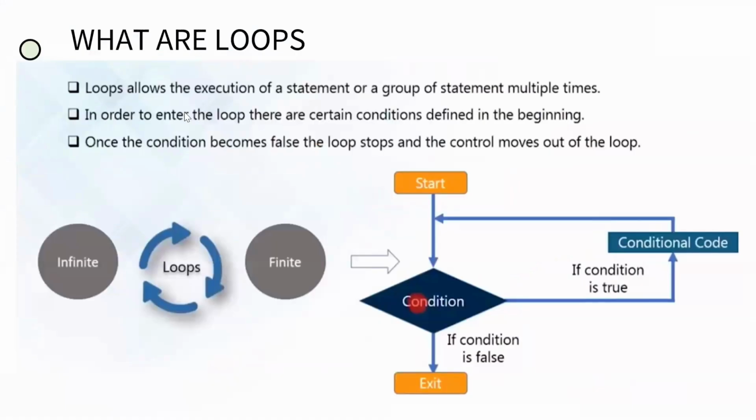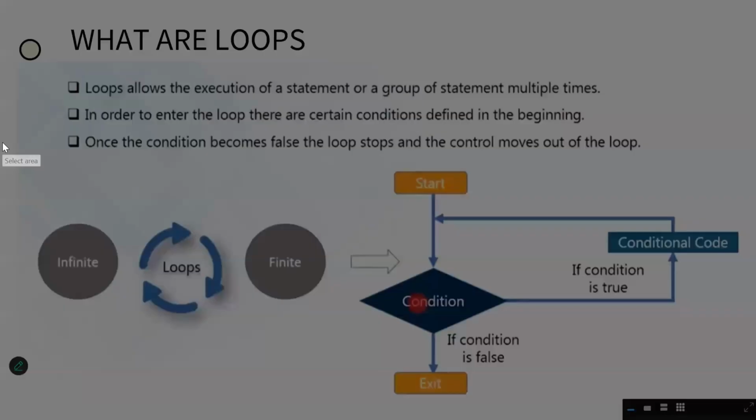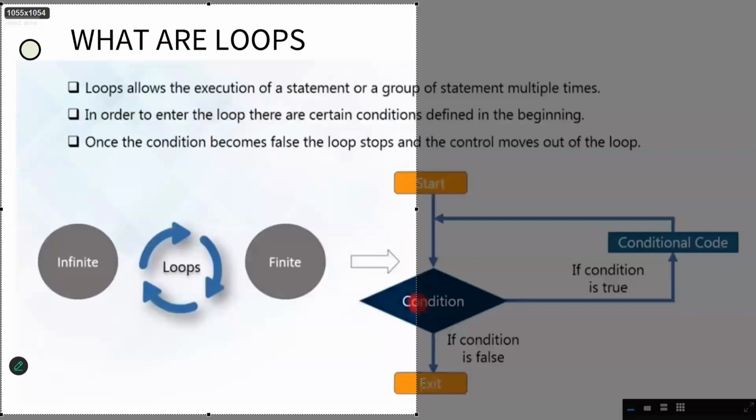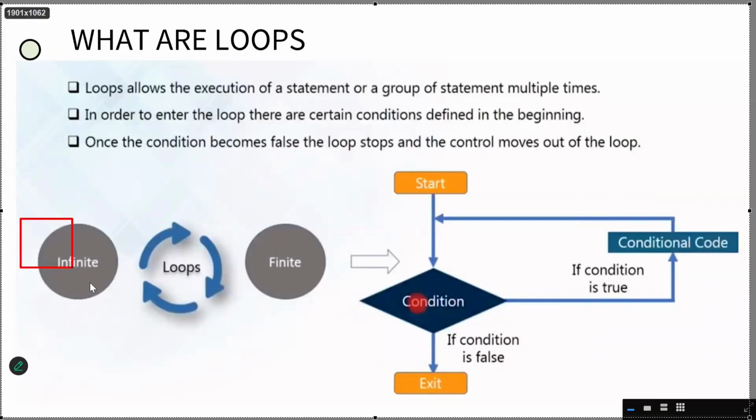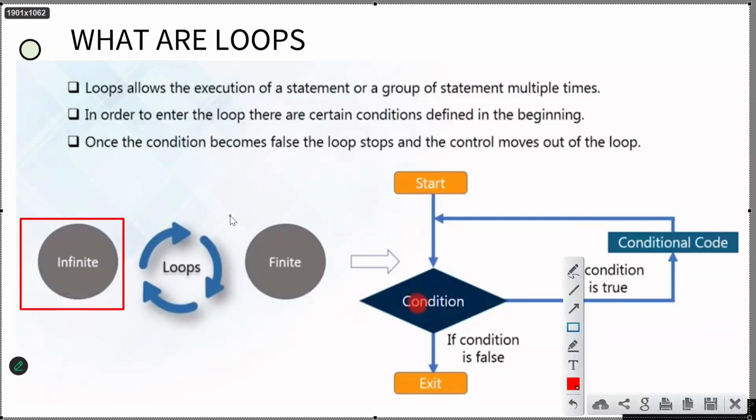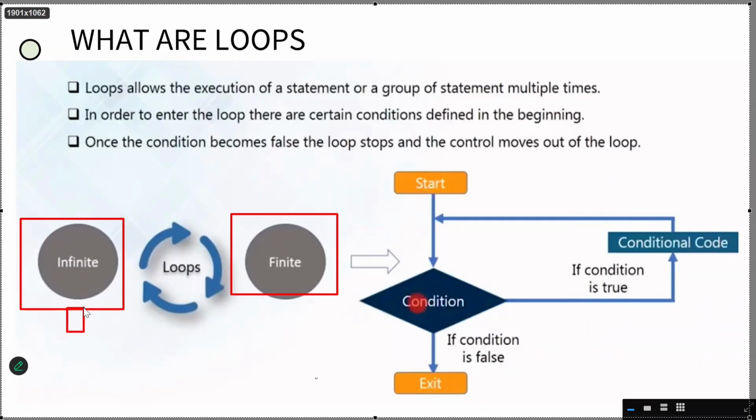If you see by definition what loops are, first thing, guys, there are two types of loops. One is infinite loop and another is finite loop. For example, if you calculate the time, you will use an infinite loop because time will never end.